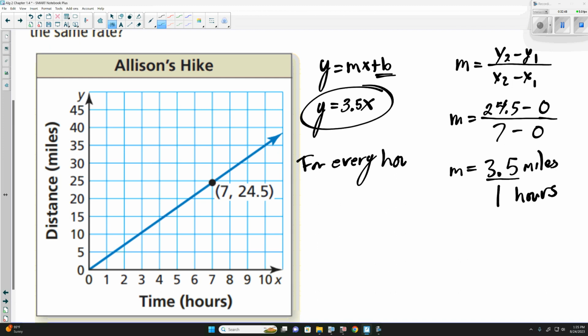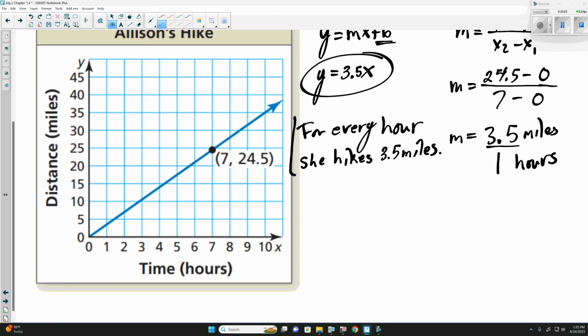So for every hour, she hikes how far? 3.5 miles. Okay. So we've interpreted the slope, and we found the equation of a line.